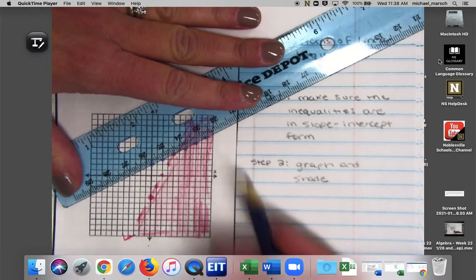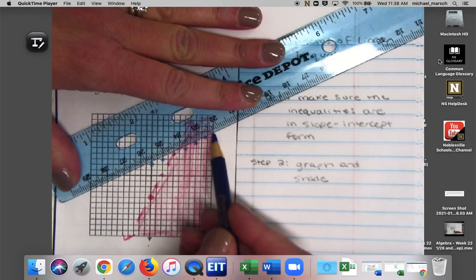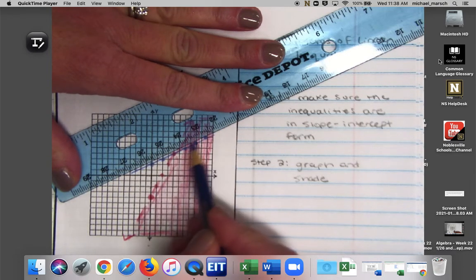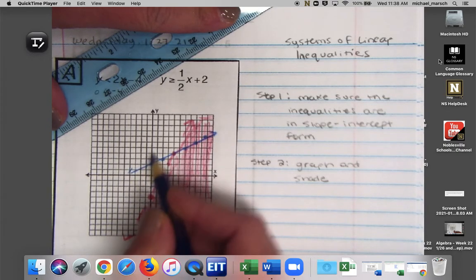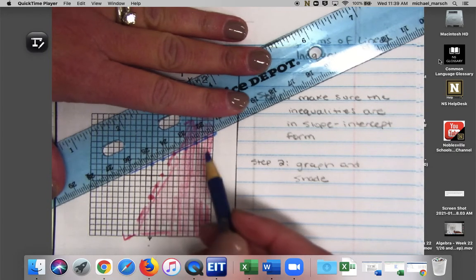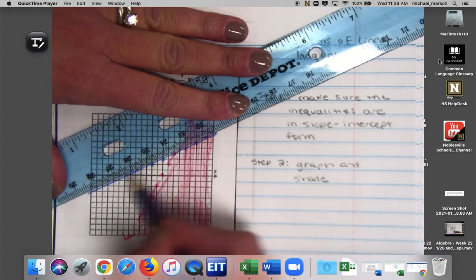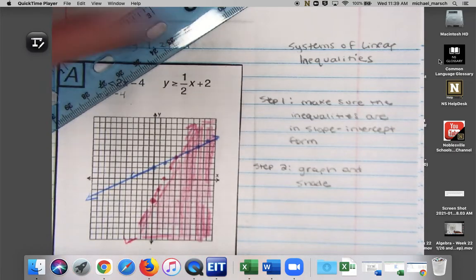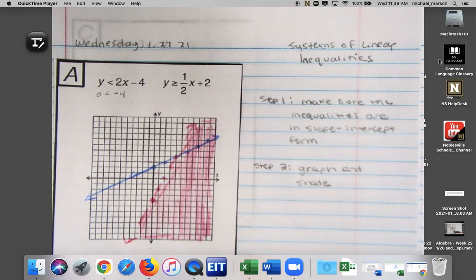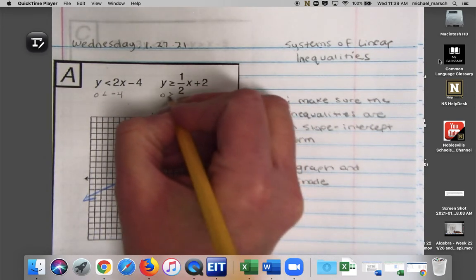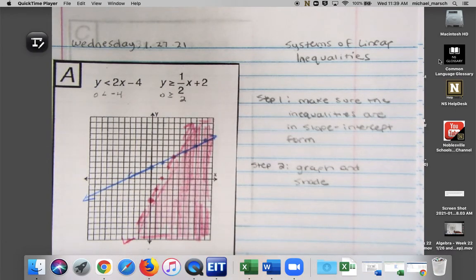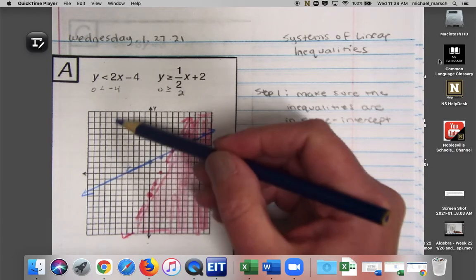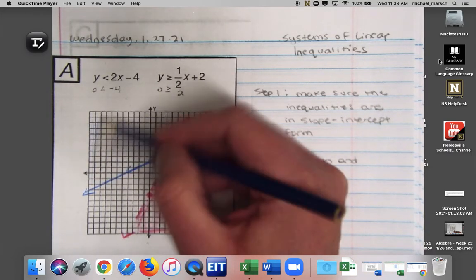Solid line, good. So I'm going to test out that 0, 0. Is 0 greater than or equal to 2? Nope. So I'm going to shade away from 0. So this time I'm going to be shading up.